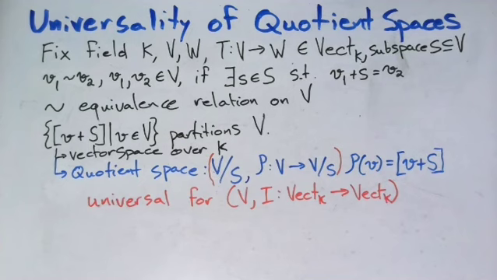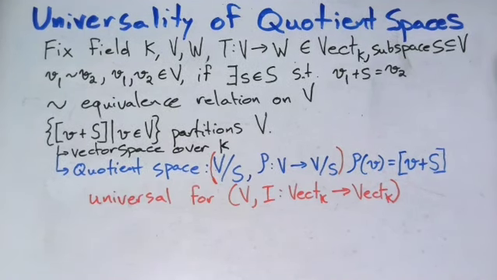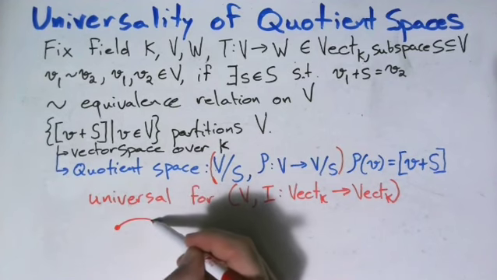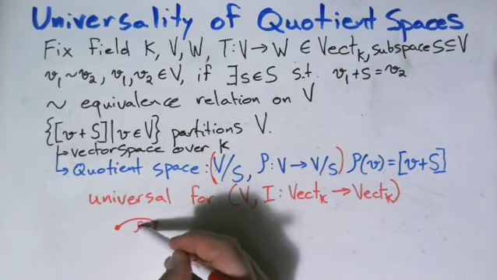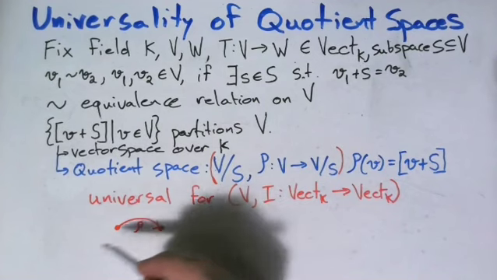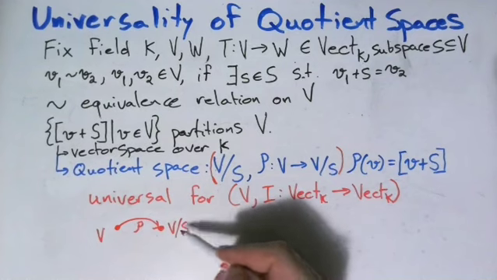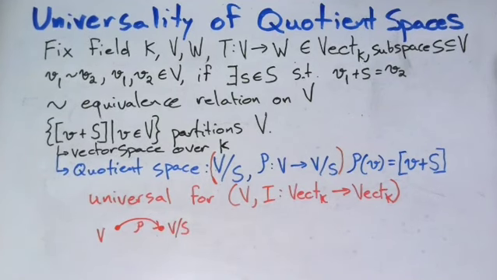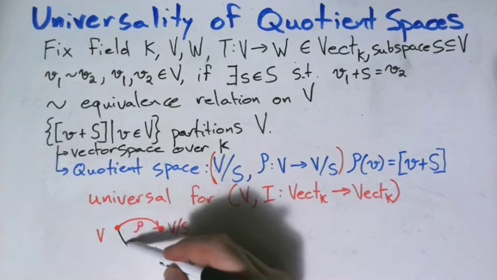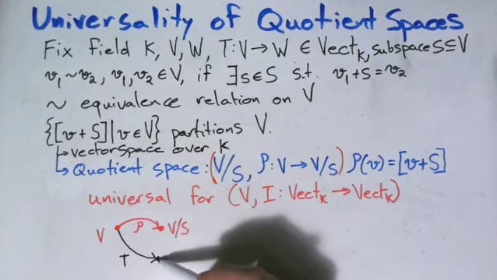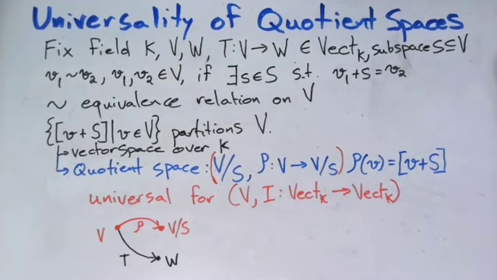So let's remind ourselves the definition of universality. We have our canonical projection rho here going from V into V over S. And we want to say that for any arbitrary T going from V to W, we have a unique morphism or a unique linear transformation.